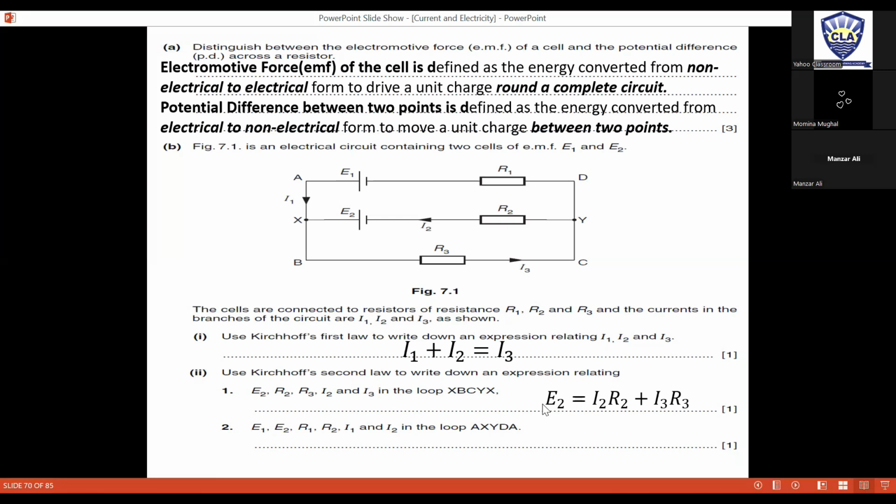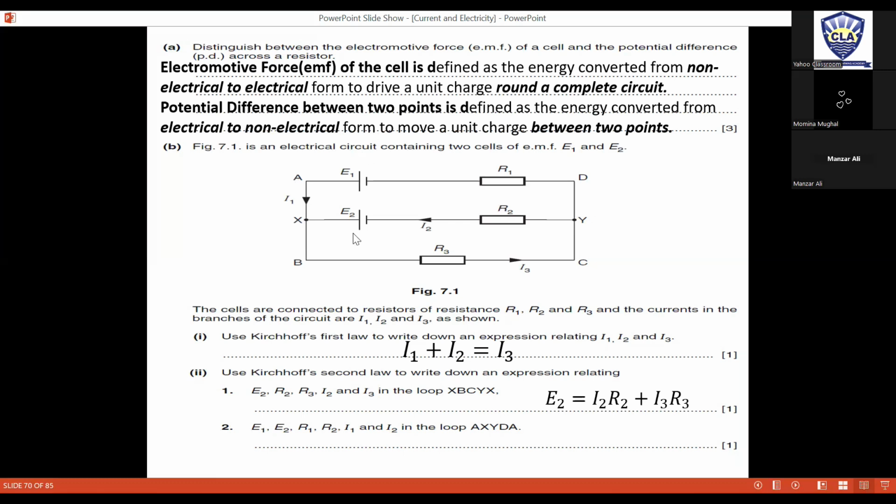In the second part, the loop is AXYDA, the above loop. In this case, we have two EMFs. One of them is bigger, just like the question we did in the previous case. 12 minus 3 we did. Similarly, we will call one of these the bigger EMF and the other the smaller. So we can say E1 minus E2.